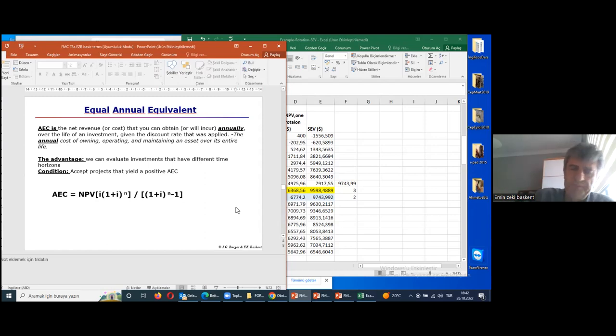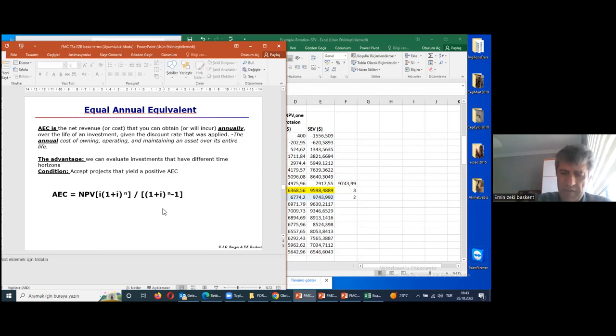So we'll finish that subject and then we'll just keep going. There are two criteria that are sometimes used to make a decision. One of them is annual equivalent cost, or what is called equal annual equivalent. That refers to the net revenue or cost that someone can obtain or will occur annually over the life of the investment.